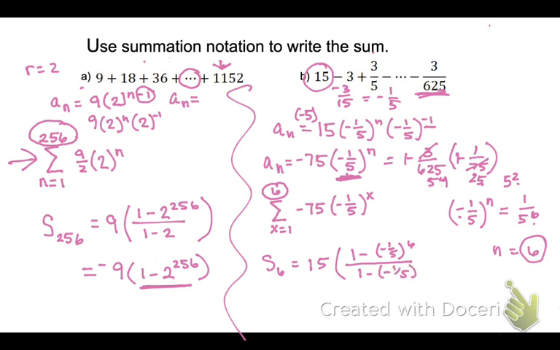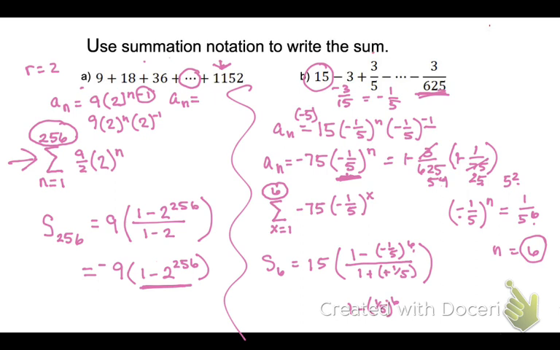Okay, the numerator is not, because I'm going to have to take my 6th power first, and my answer is going to be a positive, and then I still have a negative. So that numerator is going to stay. I could rewrite it as 1 minus 1/5 to the 6th, but it's still going to be a minus. Now the denominator is to the first power, so 2 negatives make it a what?